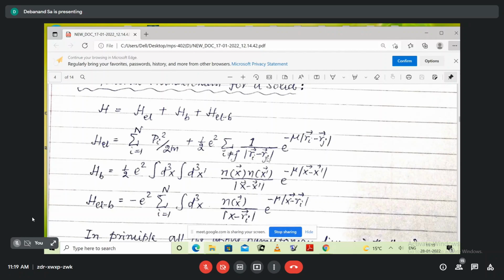So what happens is, in order to handle this, you put a factor e to the power minus mu r. Okay, and one can put it mathematically without knowing screening, but then it has a reality that if you have an n particle problem, of course there will be screening.